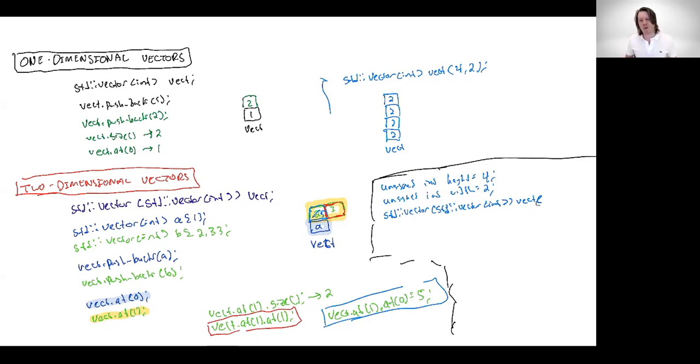Well, that was the number of elements that we wanted. And we can think about this as the height. So go ahead and say height. What we're setting up here is a vector of 4 vectors.